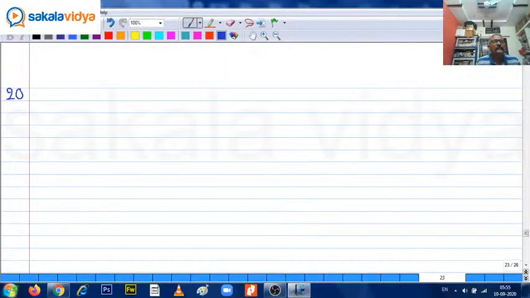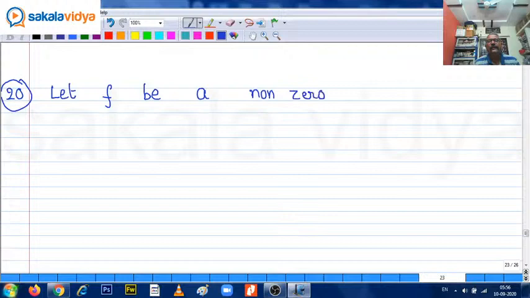So 20th question. Let f be a non-zero real valued function.